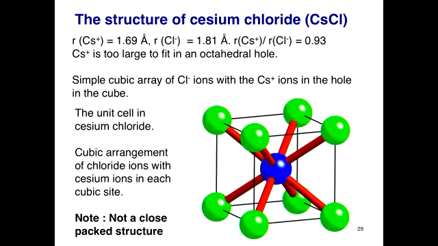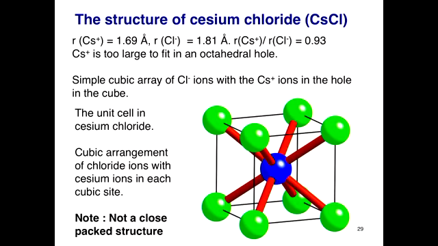So, what happens if the ions are about the same size? So we said before, if the cation's really small, it goes to the tetrahedral site. If the cation's a bit larger, it can go to the octahedral site. But what if the cation is a comparable size to the anion, as we would have in the case of cesium chloride?